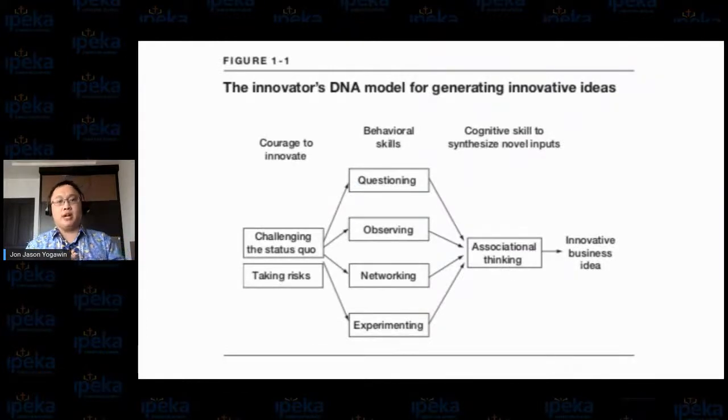So in this diagram, what you're going to see is that the innovator is shown as taking up the challenge to innovate, using the behavioral skills to stimulate associational thinking or associative thinking and eventually bring about innovative business ideas. This is what sets them apart from the rest. Okay. Now, this doesn't mean that innovators are the only ones who are special and drive the success of the company.